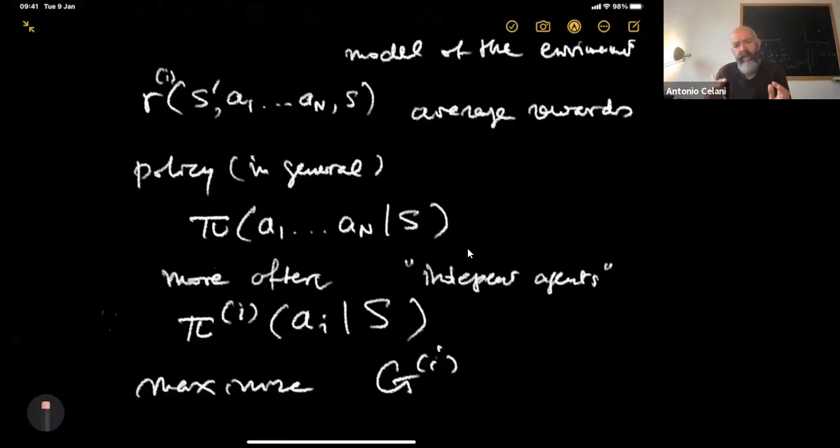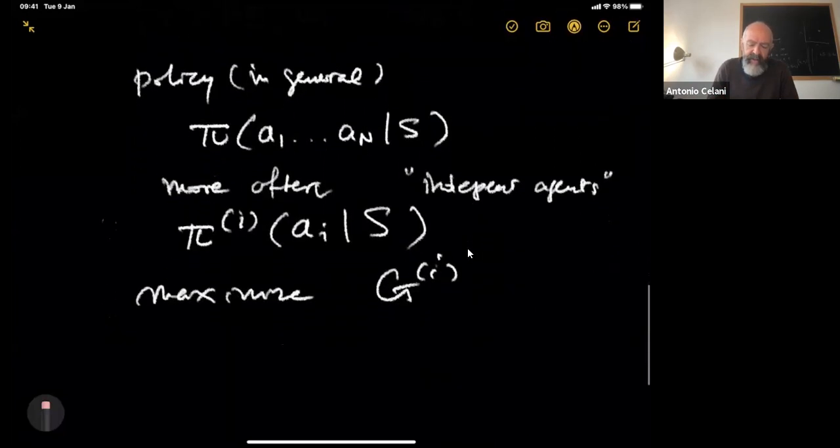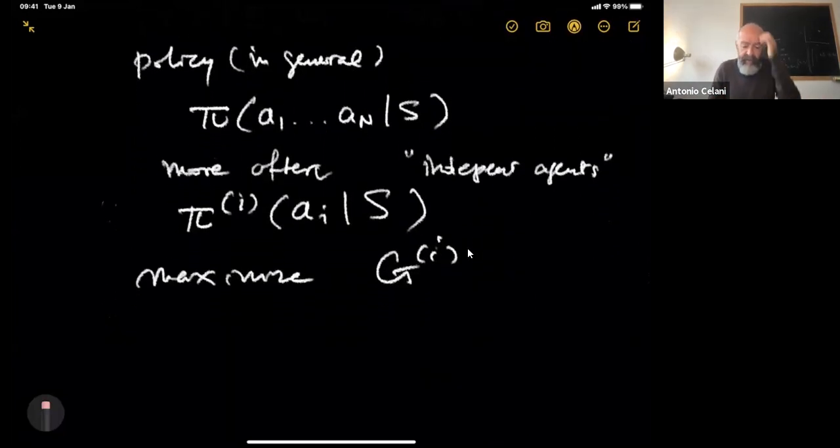But here we will be specifically focusing on the situation which is, I think, the most interesting and most challenging one, in which agents have control only on their own decisions, and they have to learn independently from each other how to perform optimally. Okay, and this is probably the most challenging problem in multi-agent reinforcement learning. But that's my point of view.